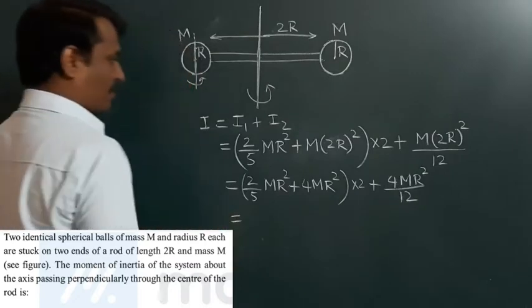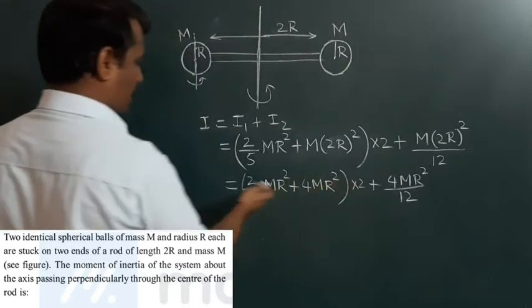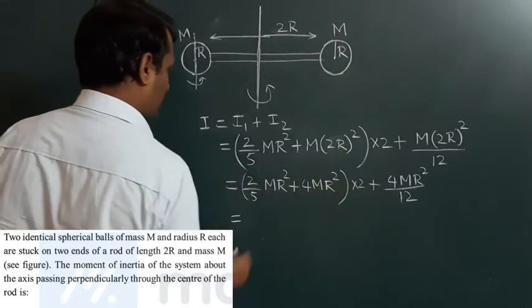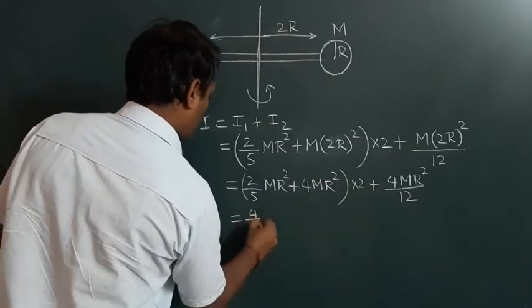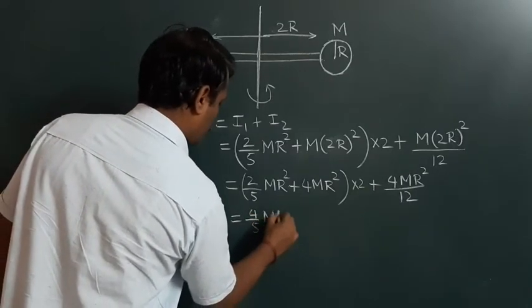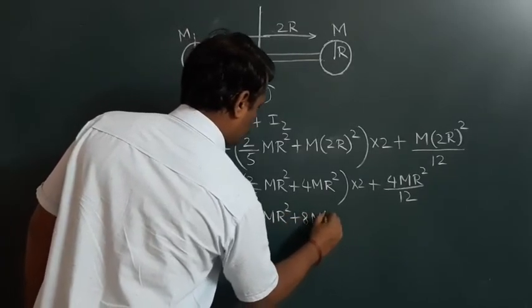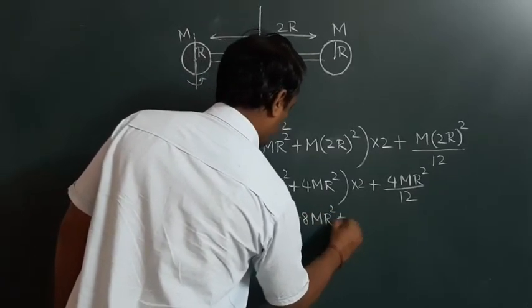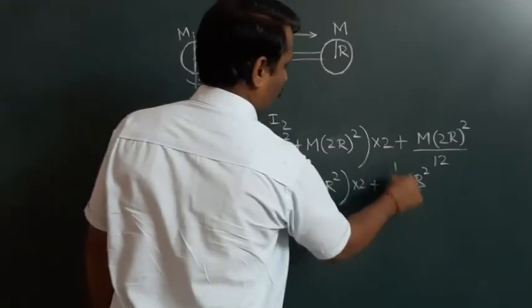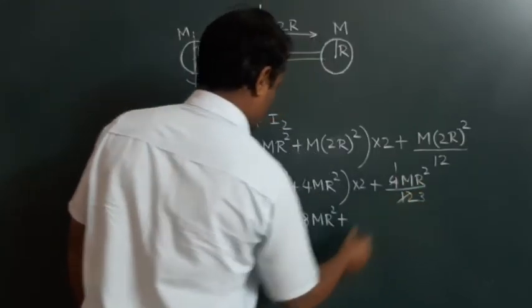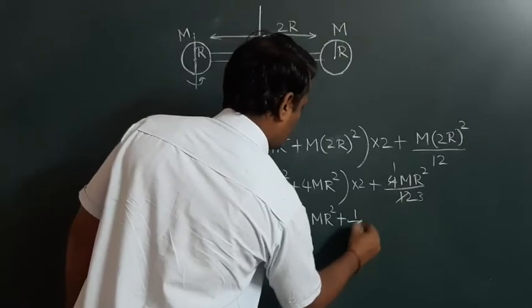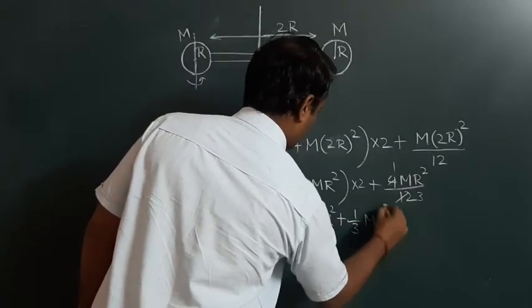Let us simplify it further. Multiplying it by 2, it becomes 4 by 5 mr square plus 8 mr square plus, here 4 ones are 4, 4 threes are 12, so it becomes 1 by 3 mr square.